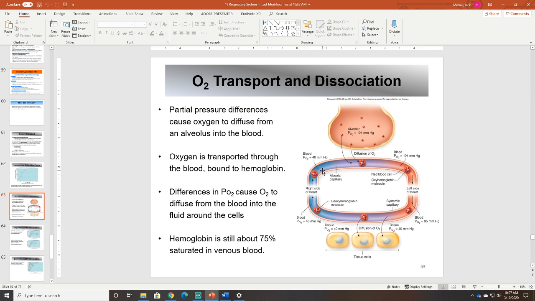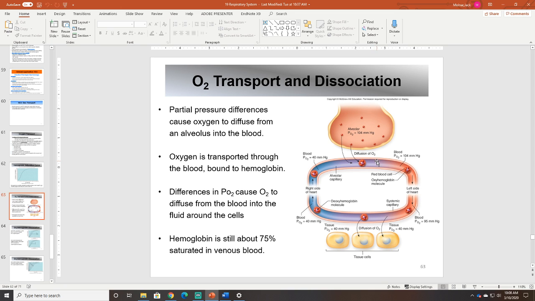Anyway, at 40 millimeters mercury, in the pulmonary arteries, moving from the right side of the heart to the lungs, where blood is most deoxygenated, this is the lowest oxygen concentration in the body, blood returning to the lungs. We're going to see oxygen move from an area of high partial pressure, that's 104 millimeters mercury in the alveolus, into the capillaries where it's about 40 millimeters mercury.